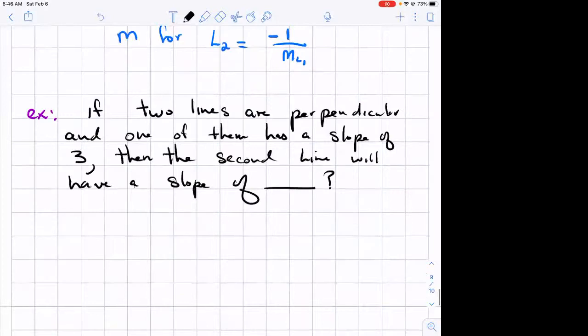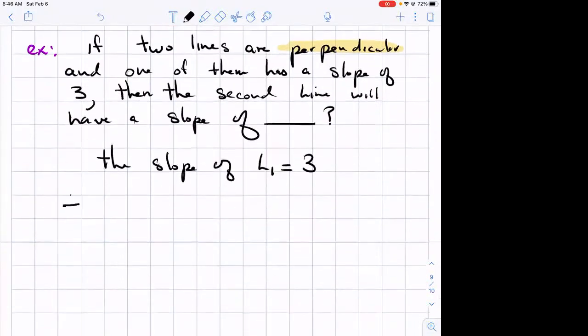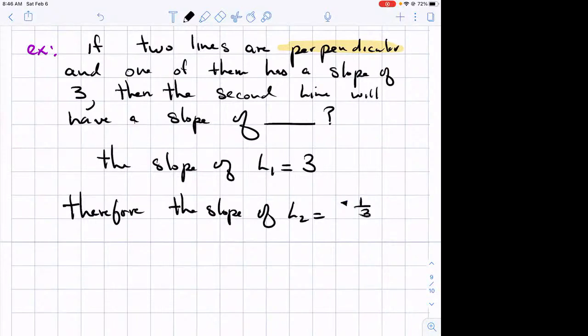Okay. Now you notice here that these lines are perpendicular. So if one of the lines, let's say line 1, has a slope, let's write it out, the slope of line 1 is equal to 3. Therefore, the slope of line 2 must be the opposite, negative, and the reciprocal of 3, which is 1 over 3. Okay?